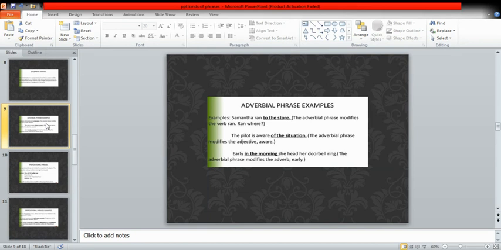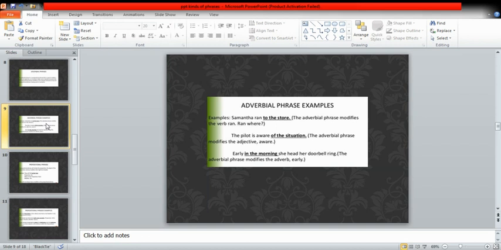Here, in the morning is the phrase modifying the adverb, which is early. So whenever you see that a phrase is modifying a verb or an adjective or an adverb itself, it will be an adverb phrase.